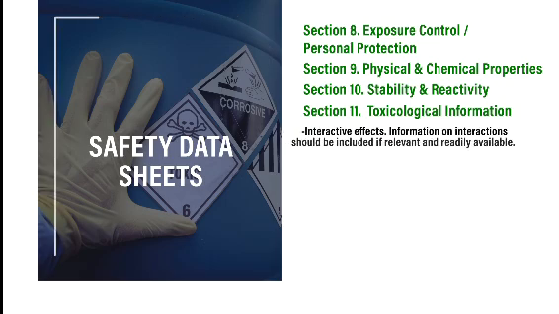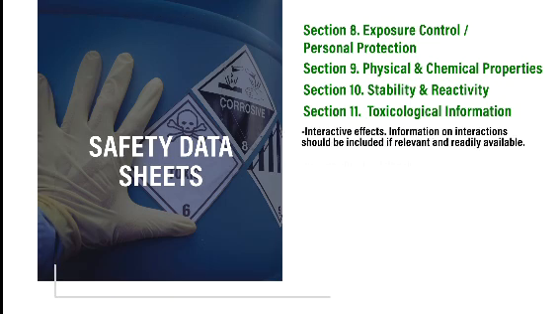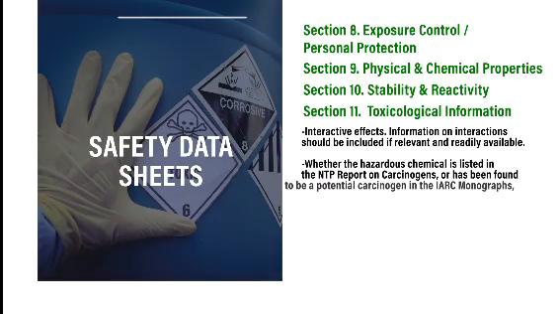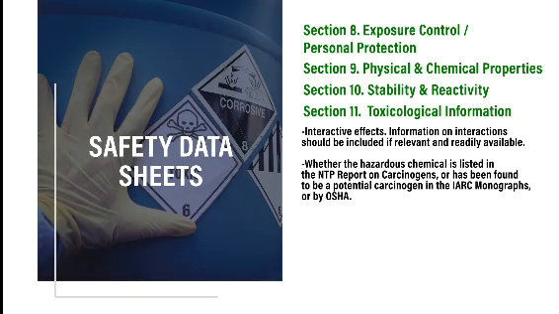Information on interaction should be included if relevant and readily available, and whether the hazardous chemical is listed in the National Toxicology Program Report on Carcinogens or has been found to be a potential carcinogen in the International Agency for Research on Cancer Monographs, or by OSHA.